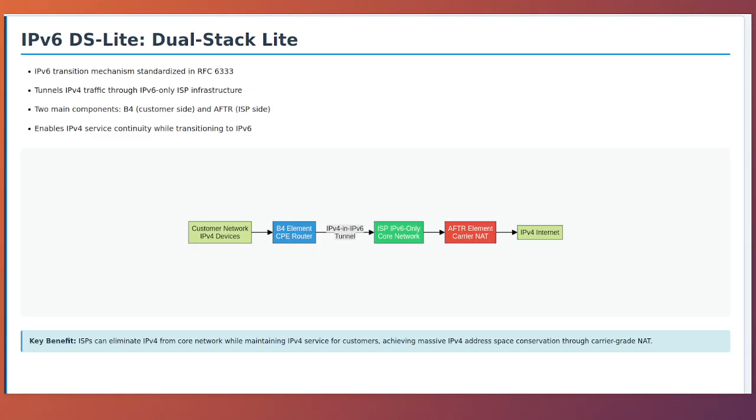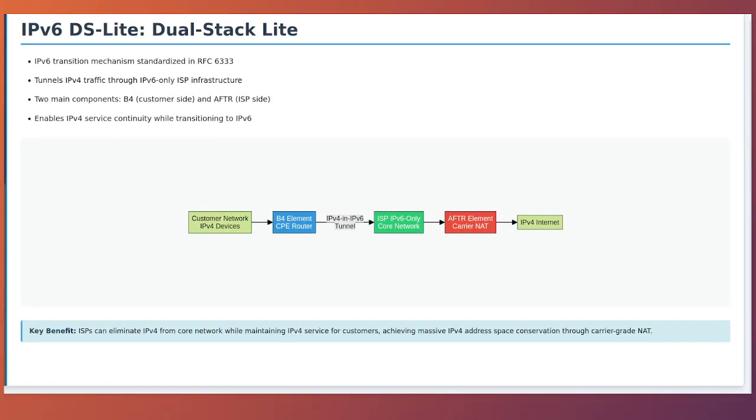What makes DS-Lite particularly compelling for ISPs is the operational efficiency it provides. By running IPv6 only in the core network, ISPs can dramatically reduce the complexity of their routing tables. This eliminates the need for maintaining dual-stack infrastructure throughout their network.